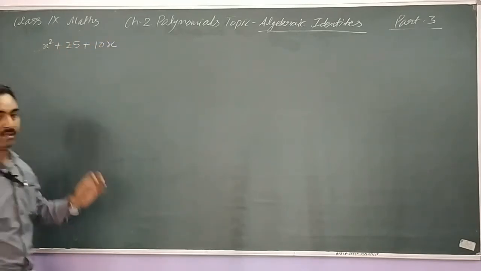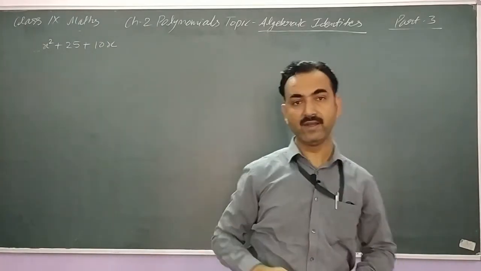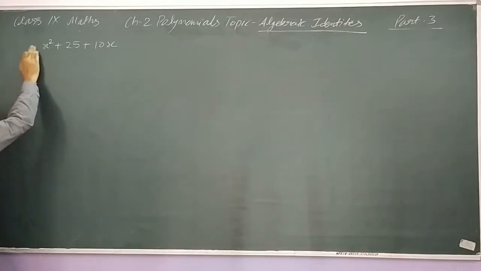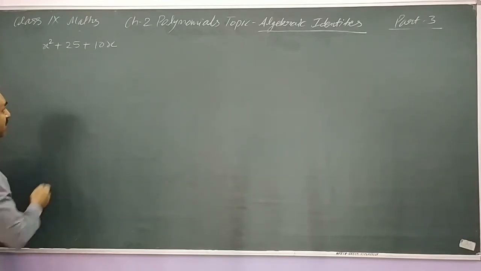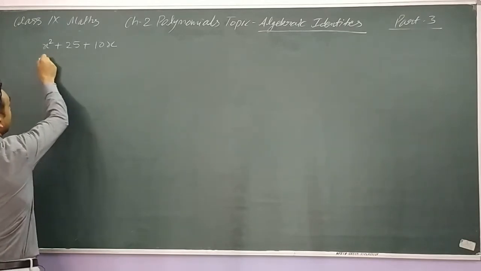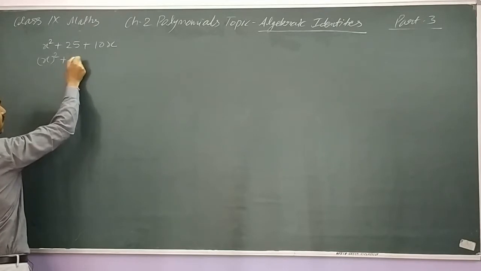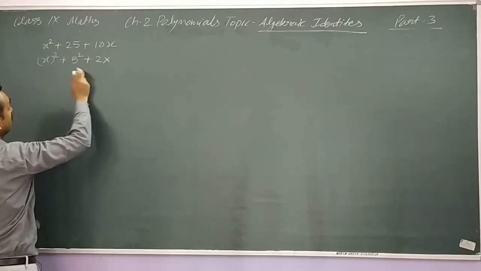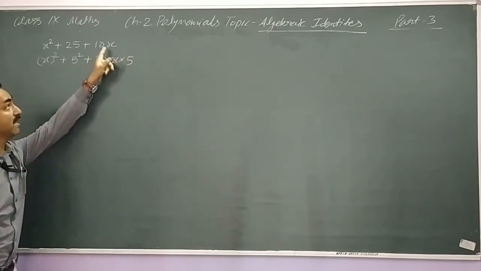Suppose this is a polynomial, a quadratic polynomial. We have to find the factor form. So to find the factor form, we will observe this question and think about which identity we have to use. You can see x square plus 25, which is 5 square, plus 10x, so 2 into x into 5 is 10x.